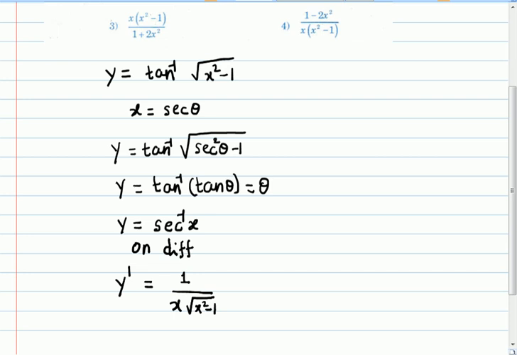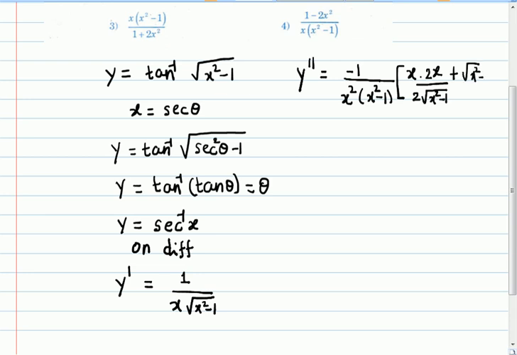Now again you have to differentiate this function, right? So what we'll be getting is y double dash is equal to minus 1 divided by f of x whole square, that becomes 1 divided by x square into x square minus 1 into the differentiation of these terms: x as it is, 2x divided by 2 root of x square minus 1, plus root x square minus 1 into the differentiation of x, which is 1.